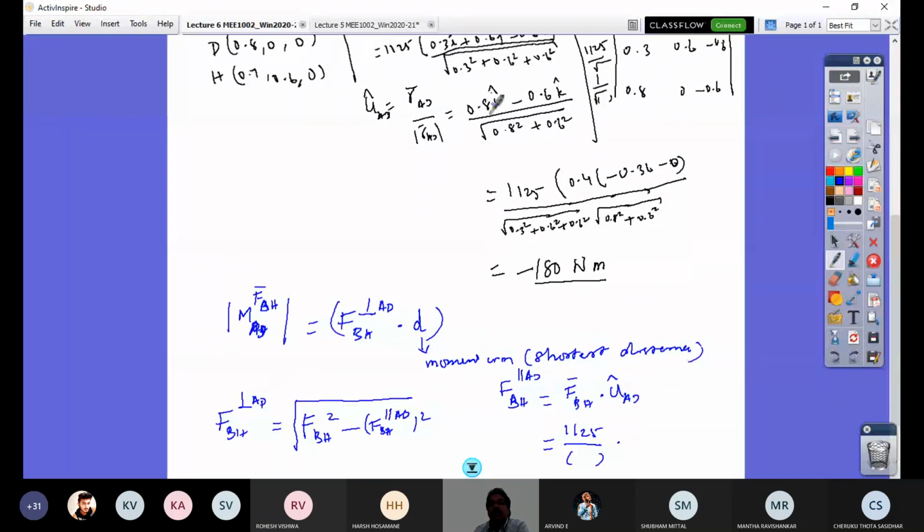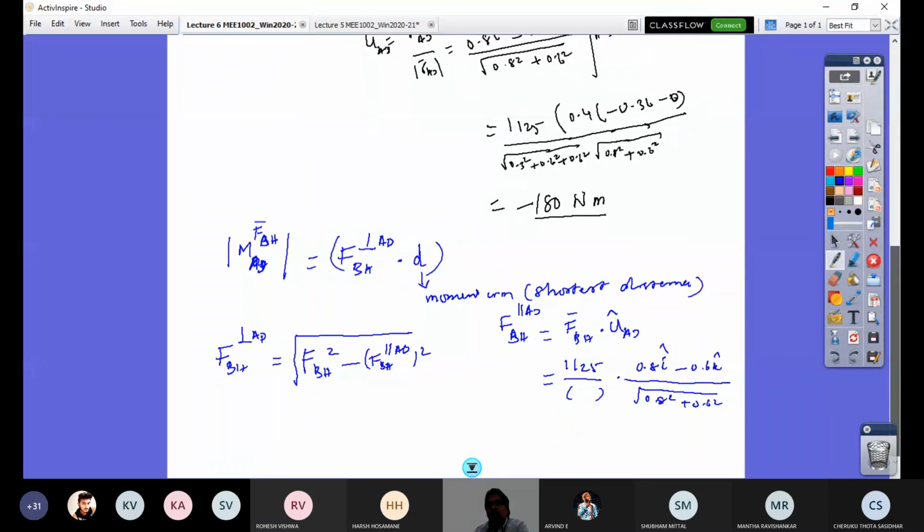UAD is 0.8i minus 0.6k divided by the radical of 0.8 squared plus 0.6 squared. The radical here is 0.3 squared plus 0.6 squared plus 0.6 squared.